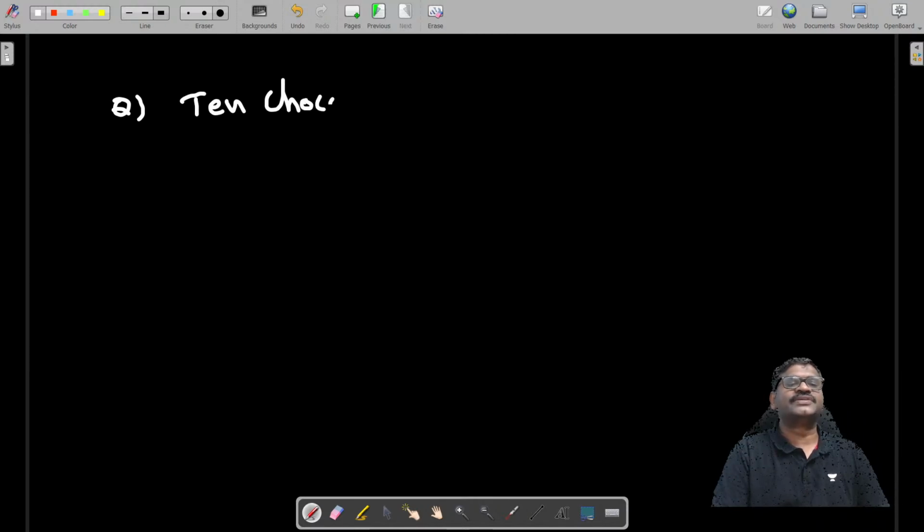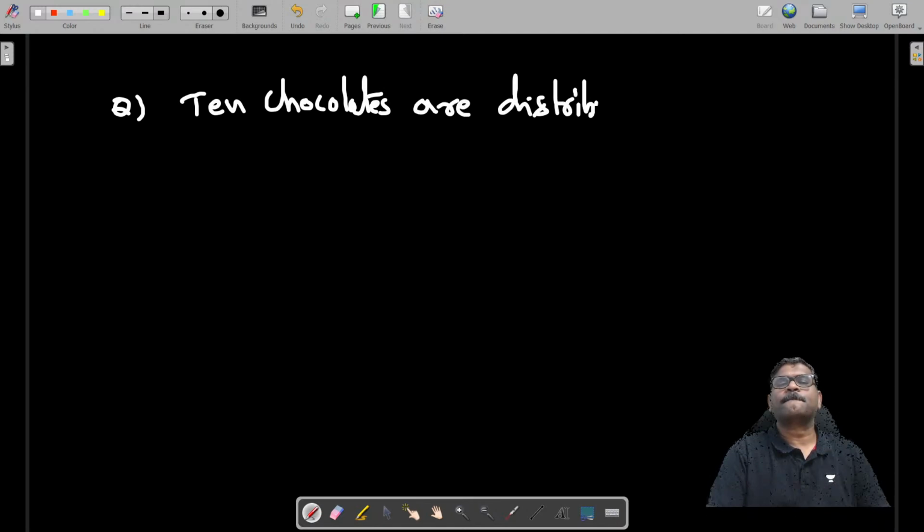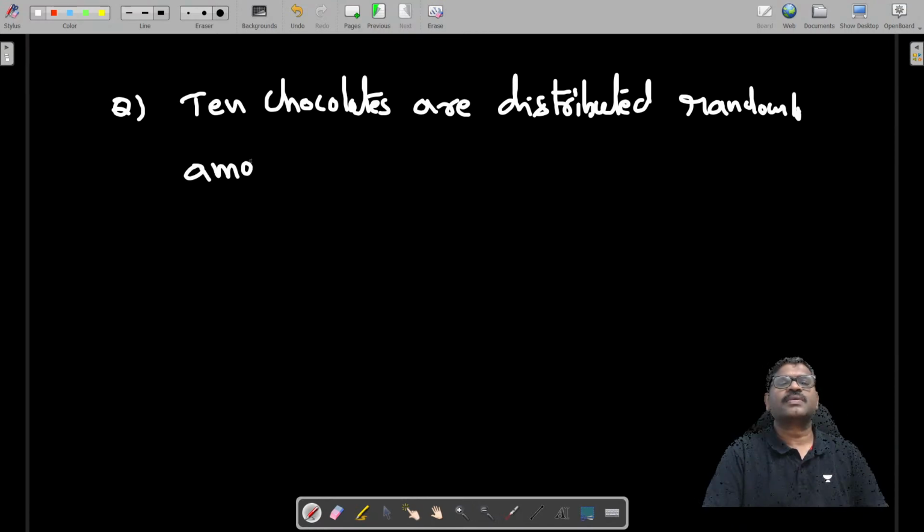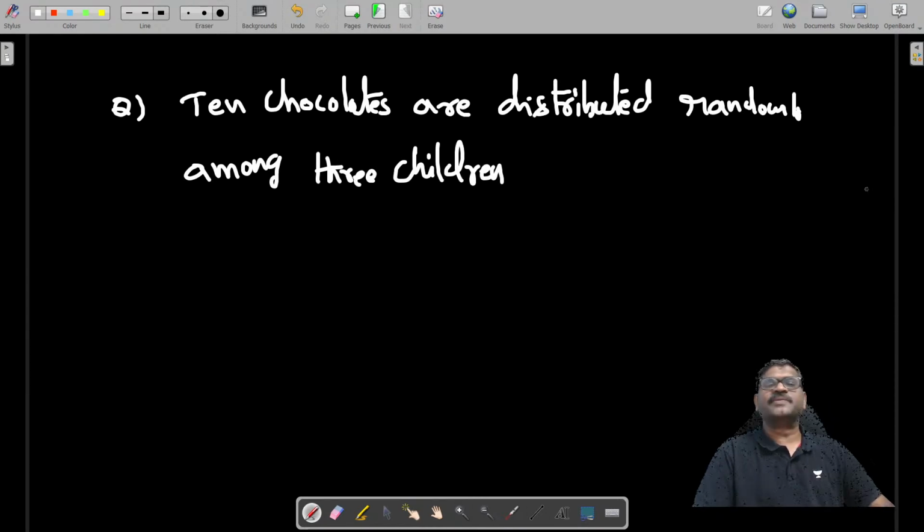10 chocolates are distributed randomly among 3 children standing in a row.